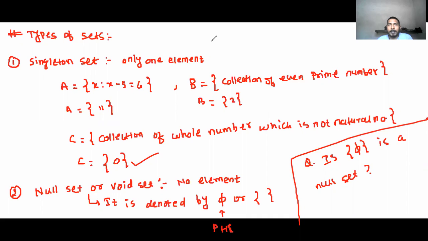Okay. Gauri? Yes, sir, it is a null set. What about Rastogi? Sir, it is a null set because it does not contain anything in it. Okay.